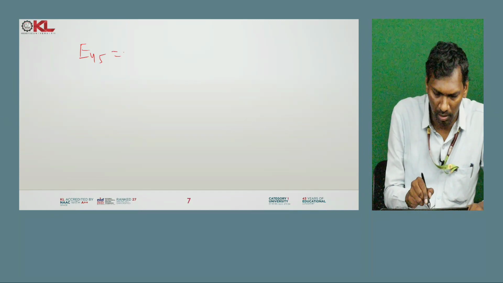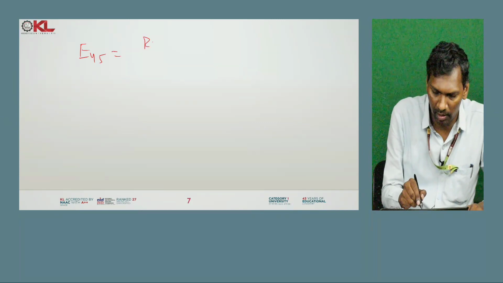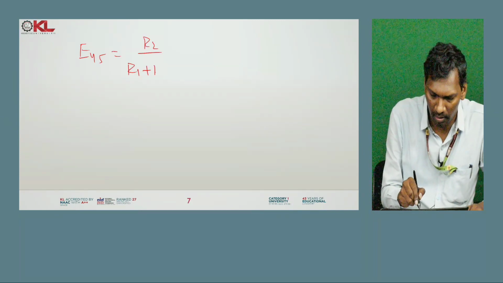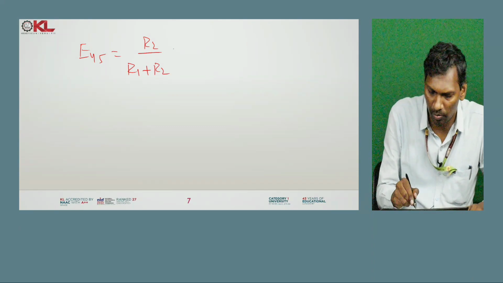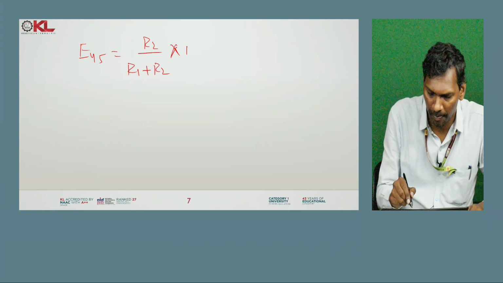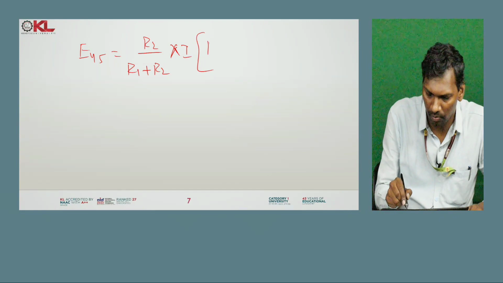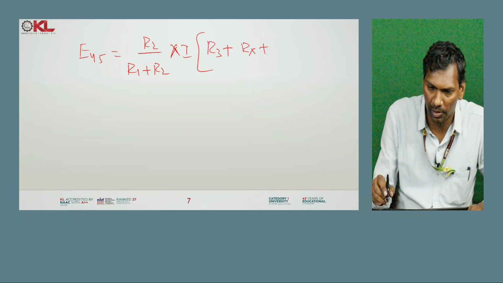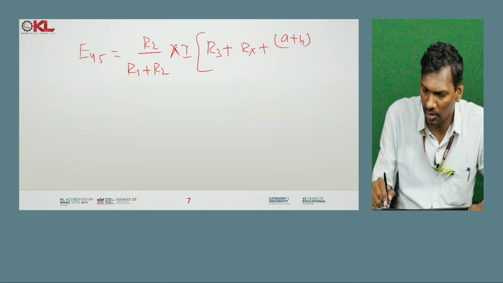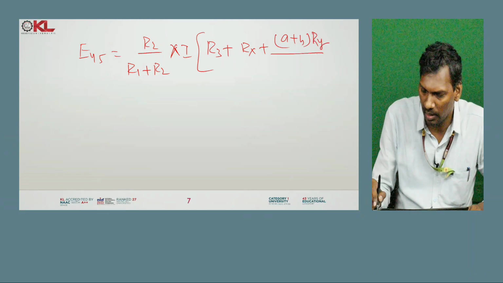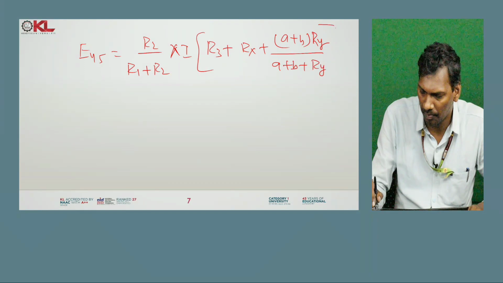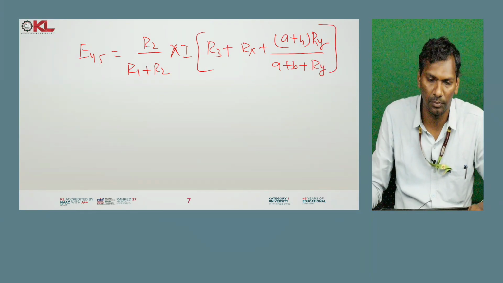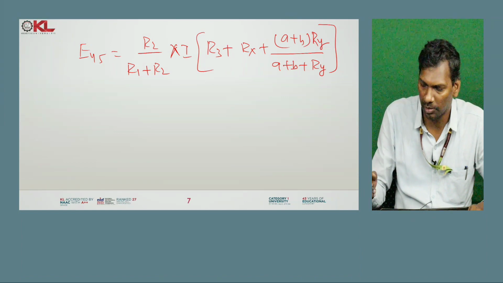Then it is modified as the voltage across the terminals 4, 5 is R2 divided by R1 plus R2 into I into R3 plus Rx plus A plus B into Ry divided by A plus B plus Ry. So this is one expression.